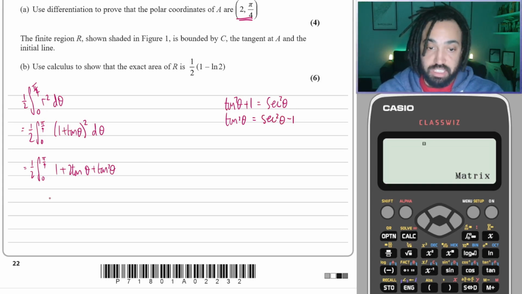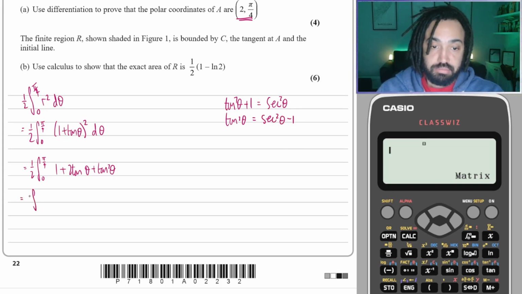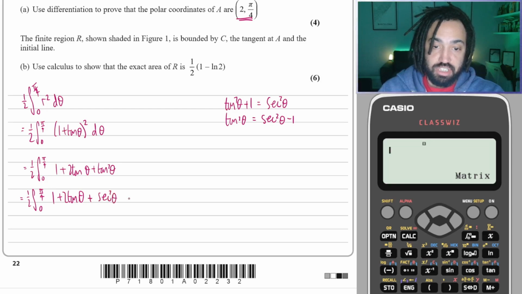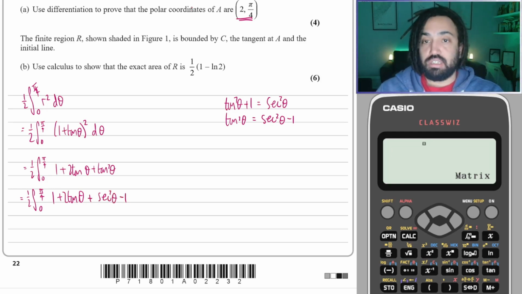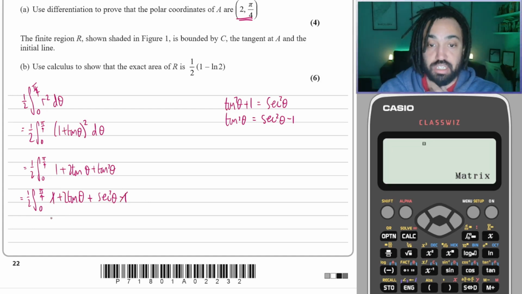And that's much easier to integrate, so we're going to sub that in. Keeping this the same, so we have 1 plus 2 tan theta, and now we have plus sec squared theta minus 1. Okay, that's helpful. We know this 1 and this minus 1 will cancel, and then we just need to integrate these terms.